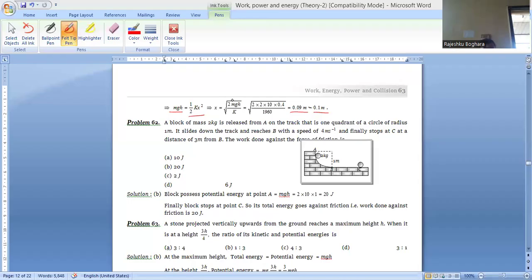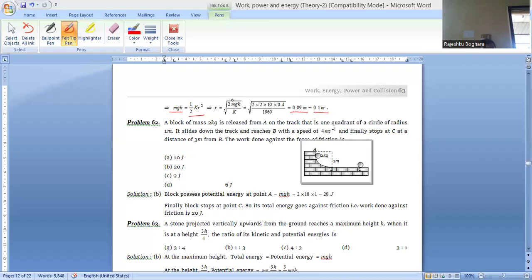Last, a constant force F is applied on the body, the power P generated is related to the time elapsed. So P equals force times velocity. Force is constant, ma means m dv by dt, so F dt equals m dv, which means v is equal to F by m into t.